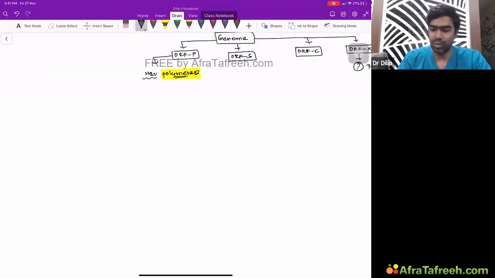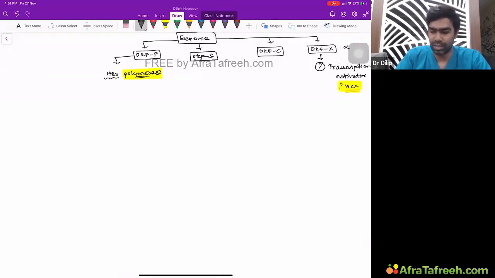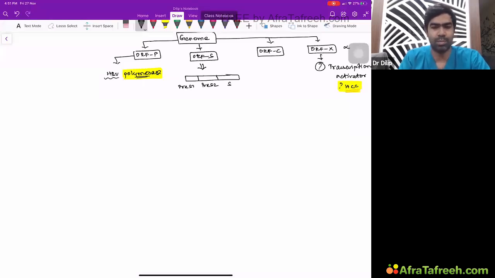Apart from that, we do have the ORFS, which has 3 subdivisions. If you really want to classify the ORFS proteins, we have a pre-S1, then a pre-S2, then the classic S protein.